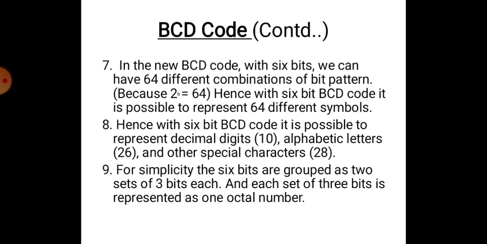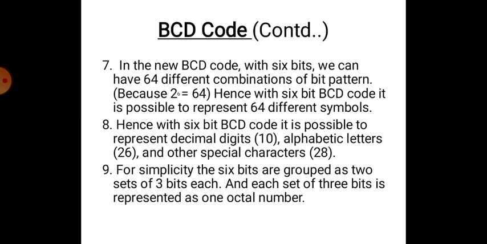Point number 7. With the new BCD code with 6 bits, we can have 64 different combinations of bit pattern, because we studied that 2 to the power 6 is equal to 64. Hence, with 6-bit BCD code, it is possible to represent 64 different symbols.